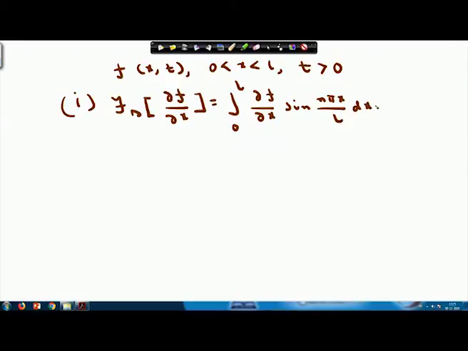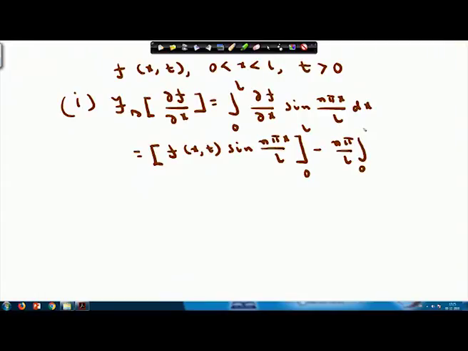If you use integration by parts, the first part will be f of x t into sin n pi x by L, with limits from 0 to L, minus n pi by L into the integral from 0 to L of f of x t into cos of n pi x by L dx.